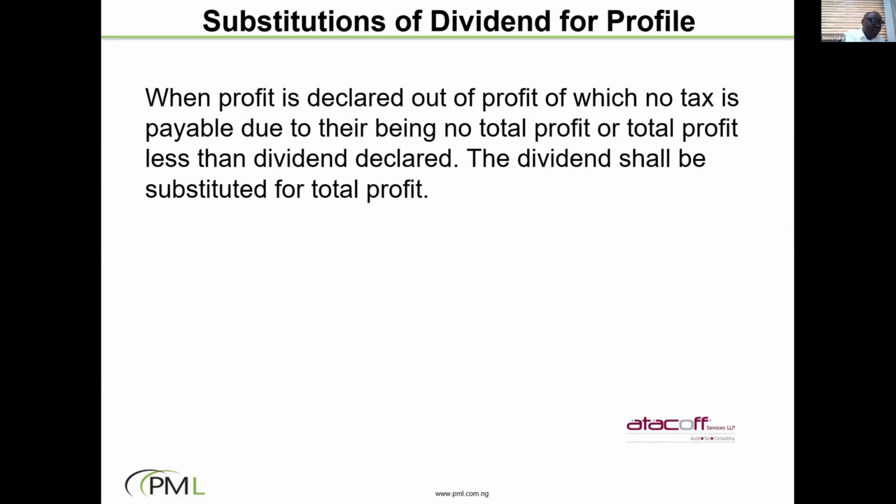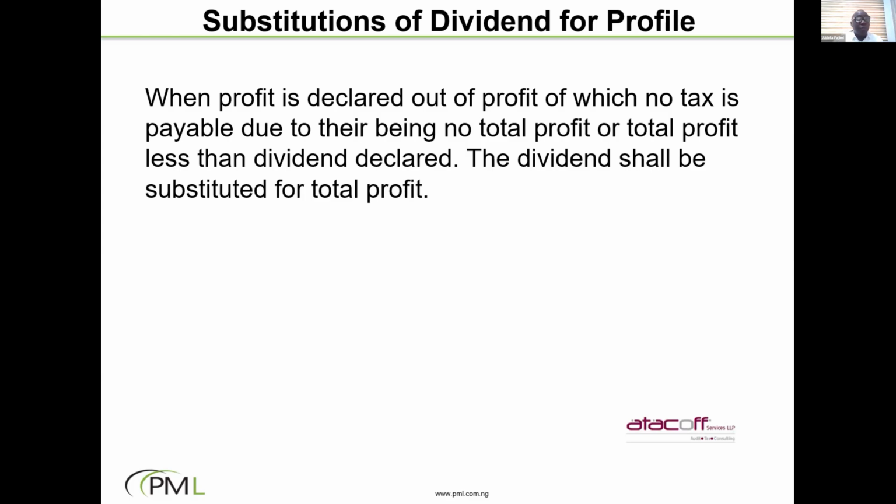This is a case where this year you are paying dividend out to your shareholders, but when you look at your taxable profits, maybe it's zero, so you are not even paying any tax, or your taxable profit is less than the total dividend you are paying out. In that case, the tax authority will take the total dividend you are paying out as your taxable profit, and the tax will be computed based on the dividend.